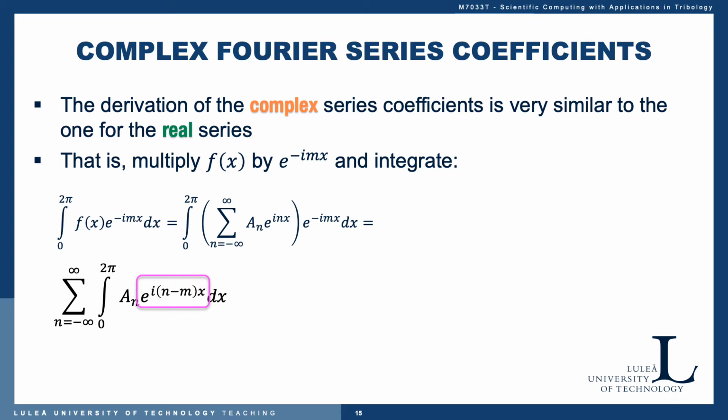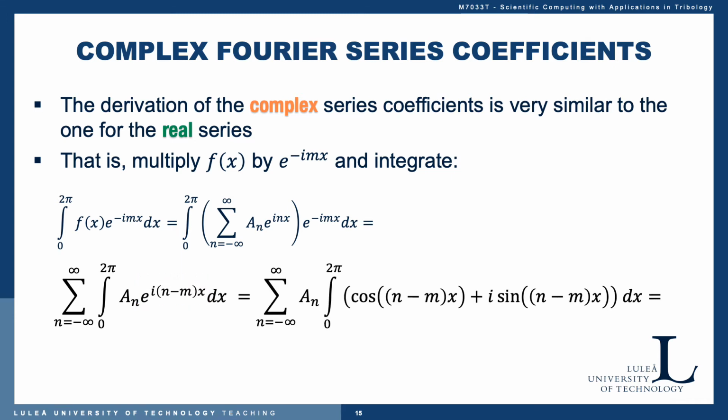And of course this is just a cosine plus an i sine according to de Moivre's formula, and this is only interesting when n and m are equal, since if they were not, we could say that with k equals n minus m we would have cos kx and i sin kx, and we integrate those from 0 to 2 pi, they will be 0 all the time.